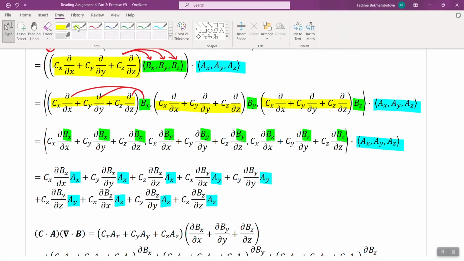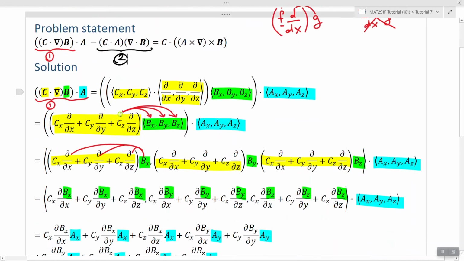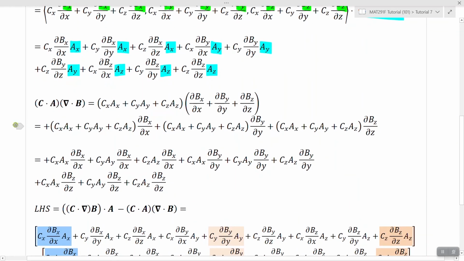Now let's work on the second term. This one's a bit simpler. So it just has a divergence of the vector b and this simple dot product c dot a. So c dot a is just cx ax, cy ay, cz az.